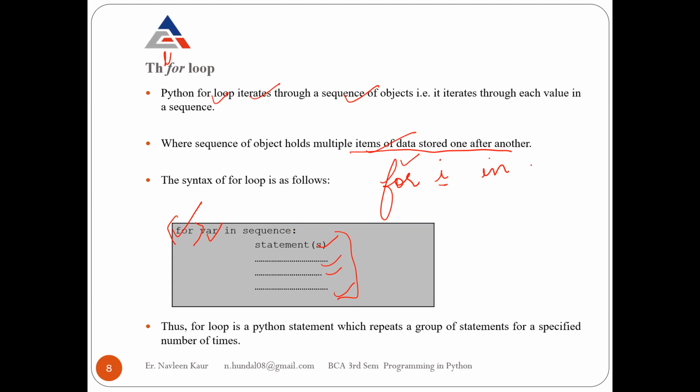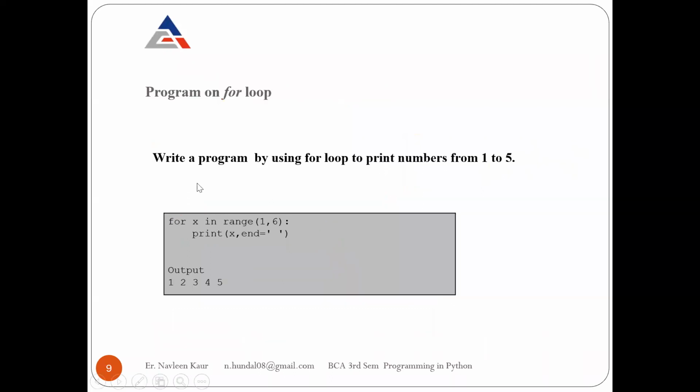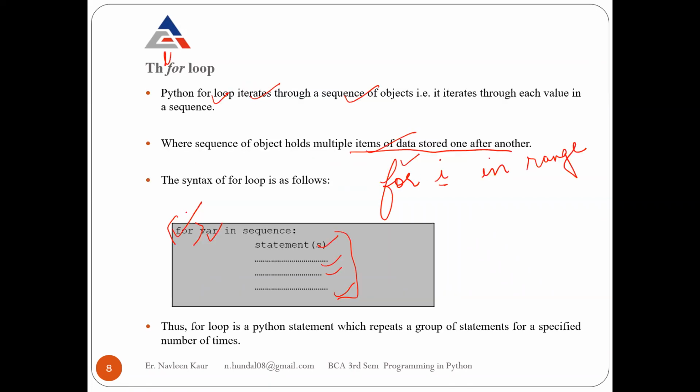For example, if I give the range function here, I hope I have an example here. The same program that we did with the while loop, now we are going to do with the for loop. Write a program by using a for loop to print numbers from 1 to 5. Can you see how I write it? The syntax is for i in.